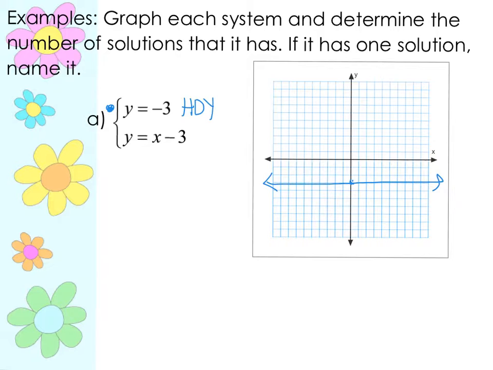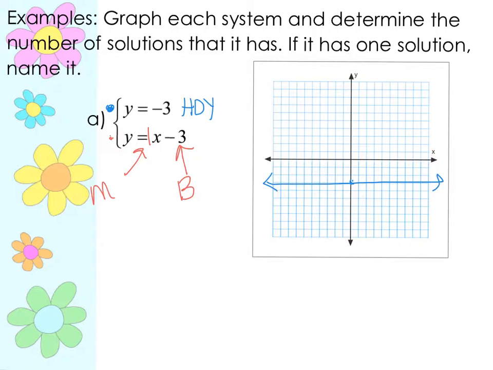All right, now I'm going to graph this next line on the exact same coordinate plane. This one has 2 letters, so this graph is going to be a diagonal. So I'm going to think about my b value, which is that number without the letter. That's where we begin. And the number in front of x is our slope, or my m.